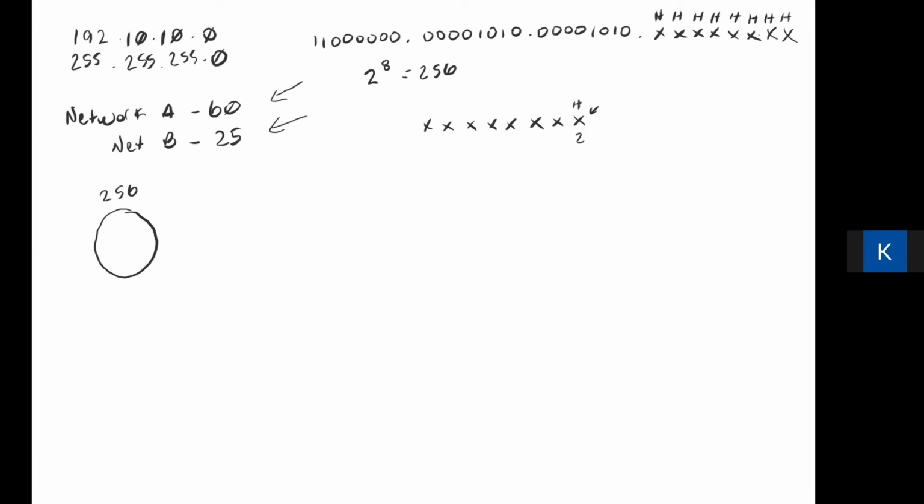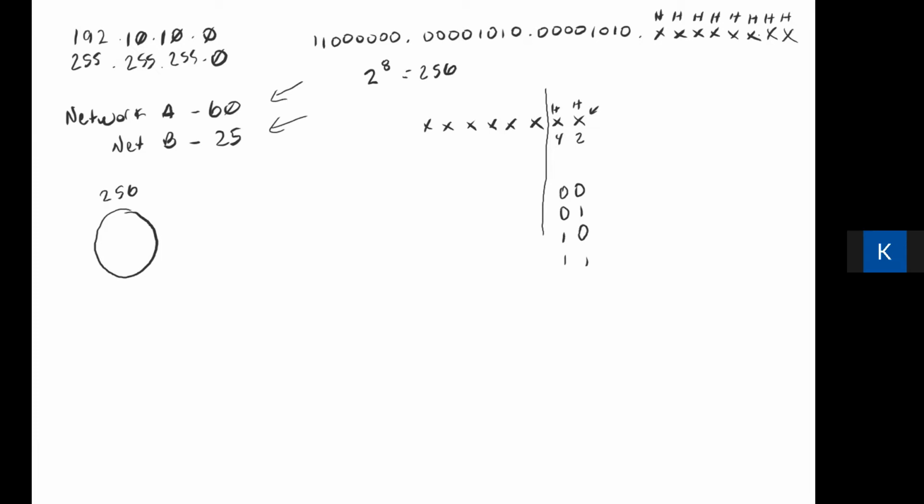If I had 2 bits on the host side only and the rest all borrowed for the network, how many combinations could I create for IP addresses on each network? That's going to give me 4 different combinations: 00, 01, 10, 11, right?